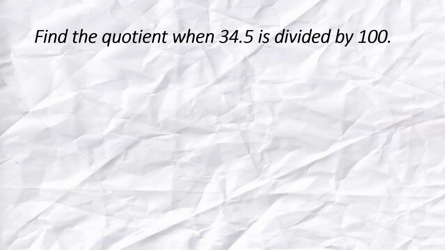For the next part, find the quotient when 34.5 is divided by 100. Just like what I said a while ago, if your divisor is a power of 10, just move the decimal point to the left according to the number of zeros. So if your divisor is 100 and there are two zeros in 100, just move the decimal point two times to the left.